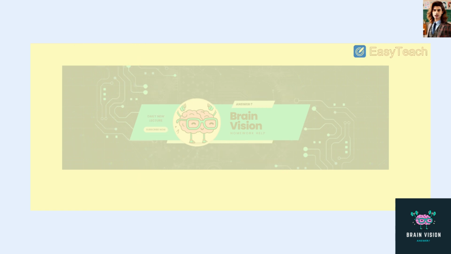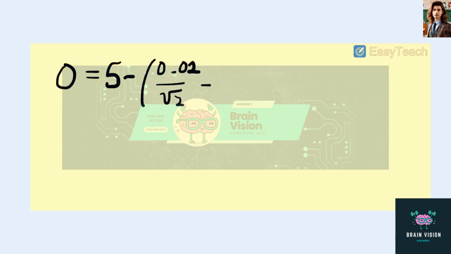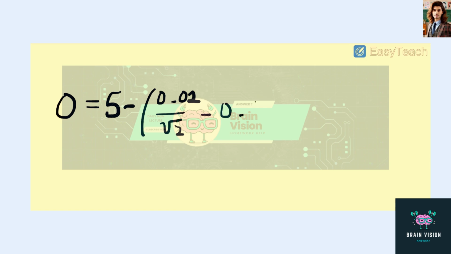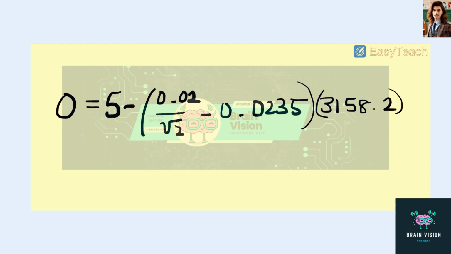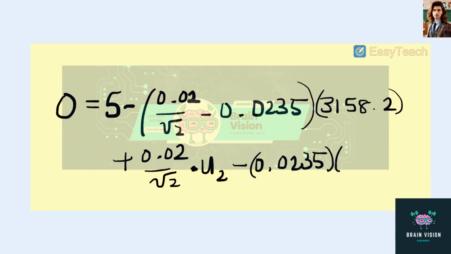This ends up being 0 is equal to the 5 kilojoules of work, minus M2, which we said was 0.02 over v2, minus M1, which is 0.0235 kilograms, times Hi, the incoming enthalpy, 3158.2, plus M2, again 0.02 over v2, times U2, a quantity we don't know, minus M1, 0.0235, times U1, which is 2643.3.